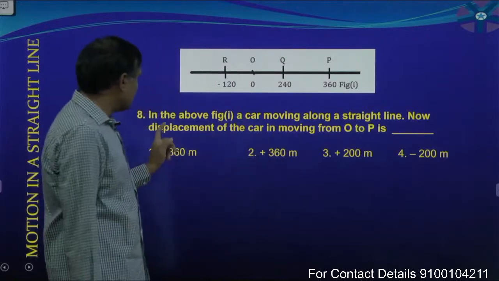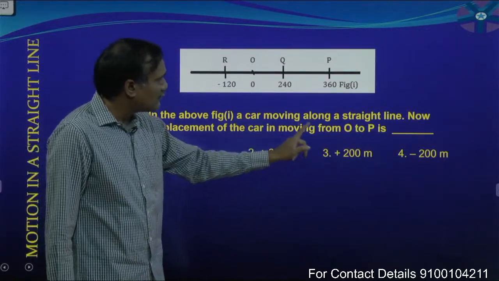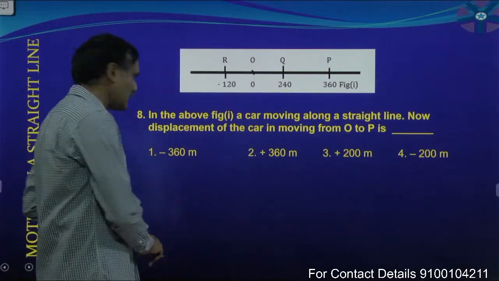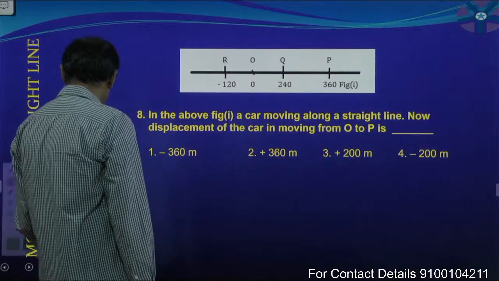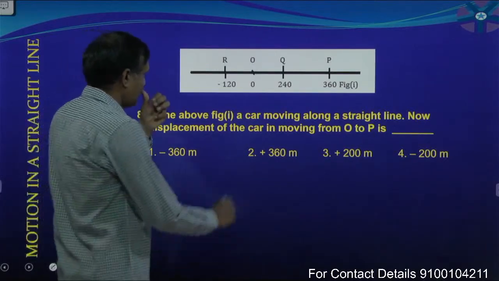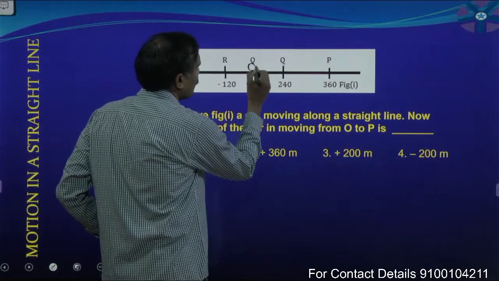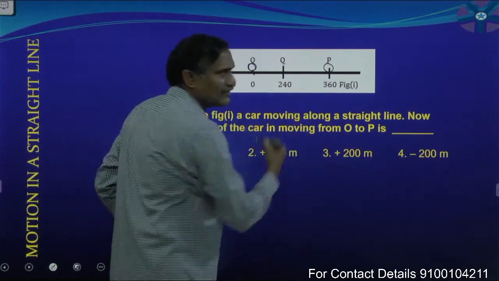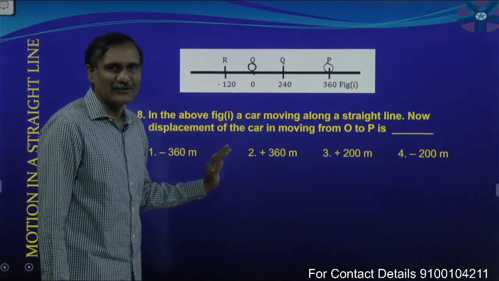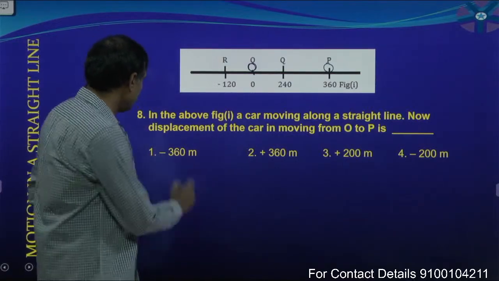Now, the displacement of the car in moving from O to P. We are going to calculate displacement from O to P. The car moves from O to P. For that journey, we are going to calculate which one?